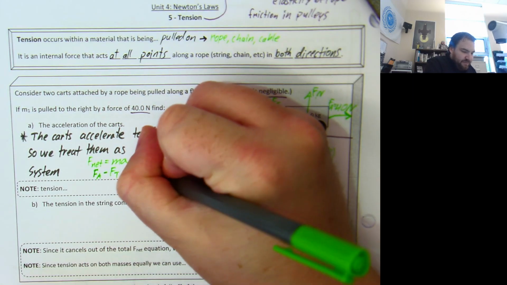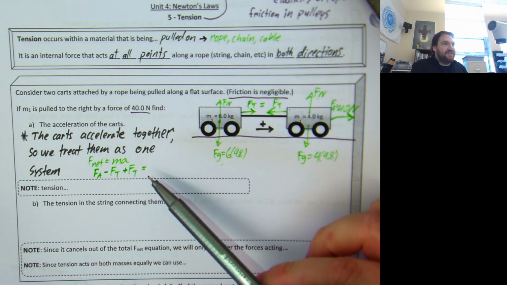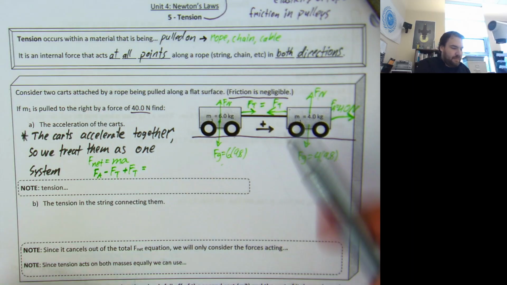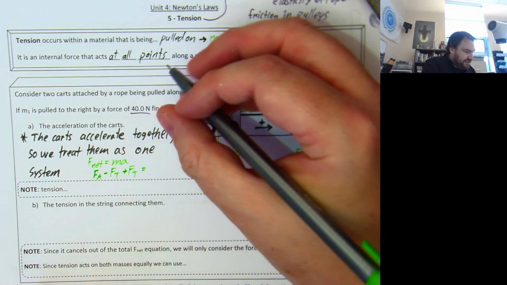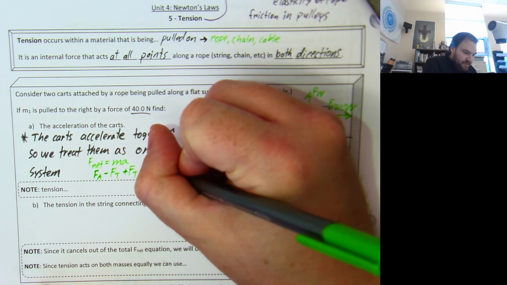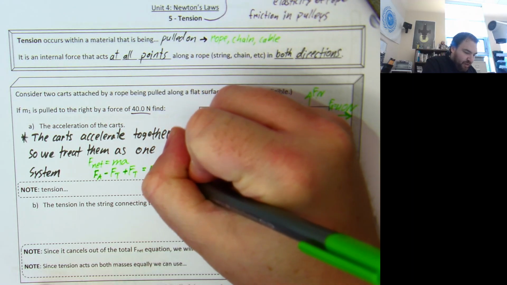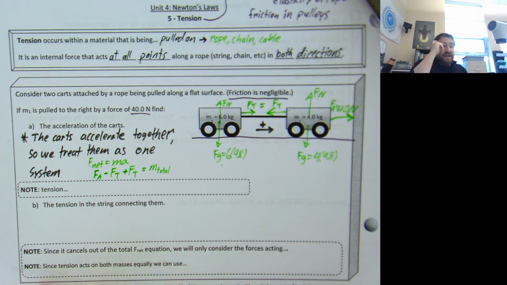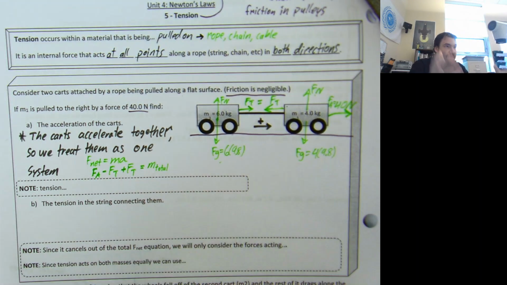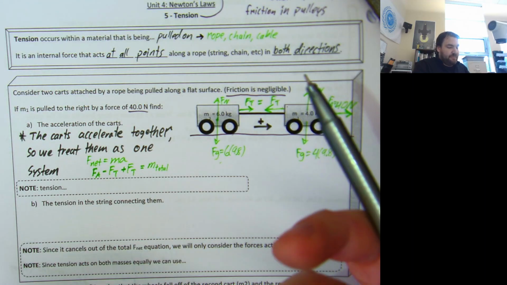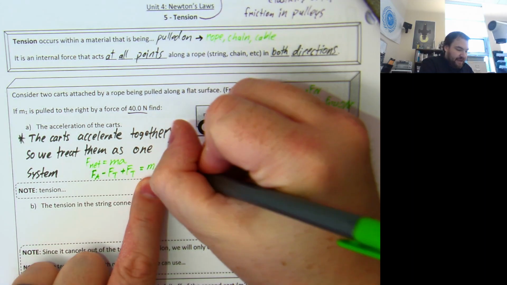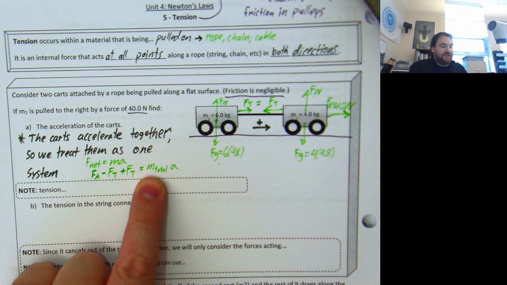That's going to equal the mass total, I'm not going to plug those numbers in yet, but I will in a sec, of all of the objects that are moving together. And they're accelerating with one acceleration.